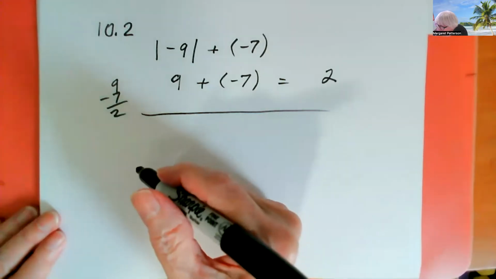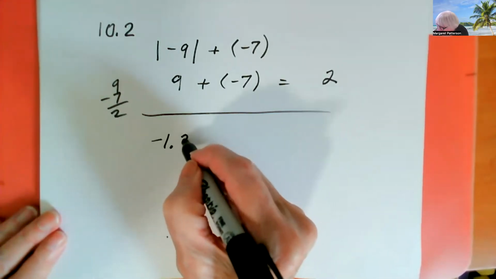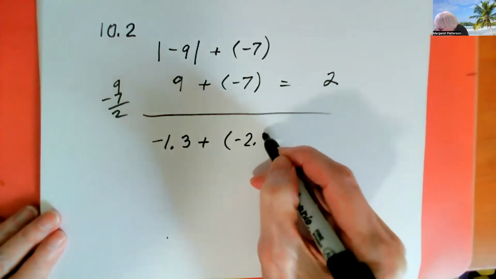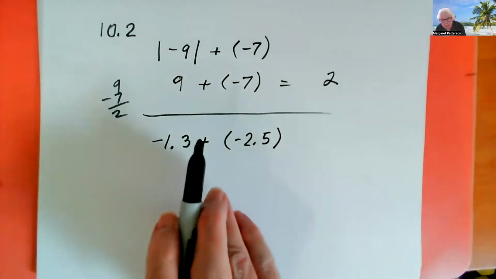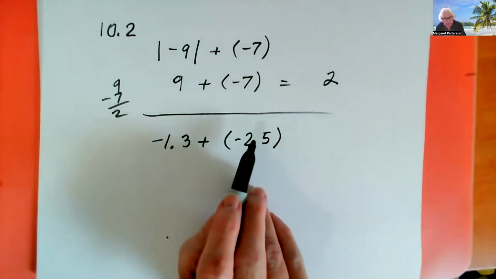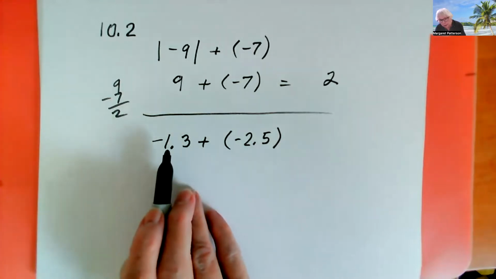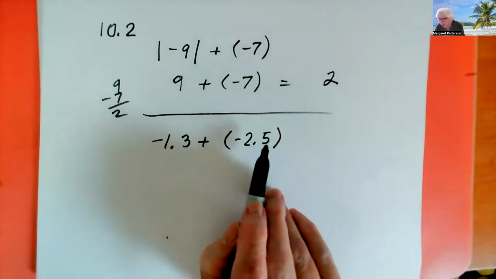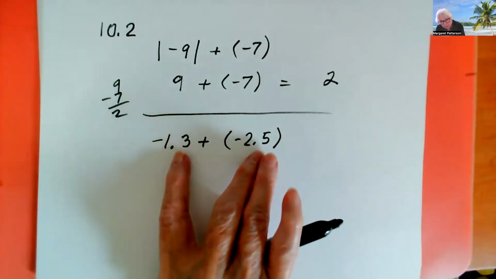I want to do this next one. Sometimes they're going to give decimals. And you already know how to deal with decimals. And so the question is, how do you adapt it? Positive and negative numbers. Notice this is an addition problem. It's a negative 1.3 added to a negative 2.5. This is the case where both of the signs are the same.